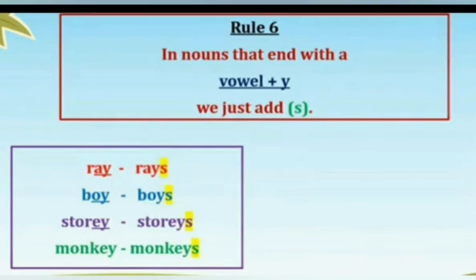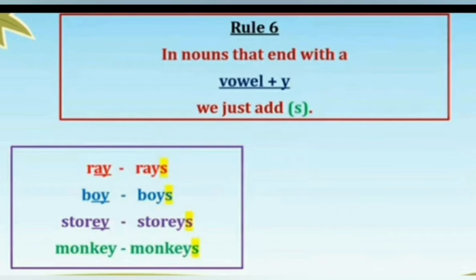Next, rule number 6. In nouns that end with the vowel plus Y, we just add S. It means if we have a noun that ends with Y and has a vowel before Y, no need to remove Y and add IES in place of Y. Just add S with the noun.